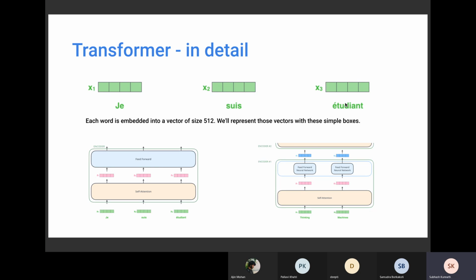You may know what happens in a one hot encoder. You will have a vector whose length is the vocabulary size of the language, or the vocabulary size of the corpus you have used to train your model.